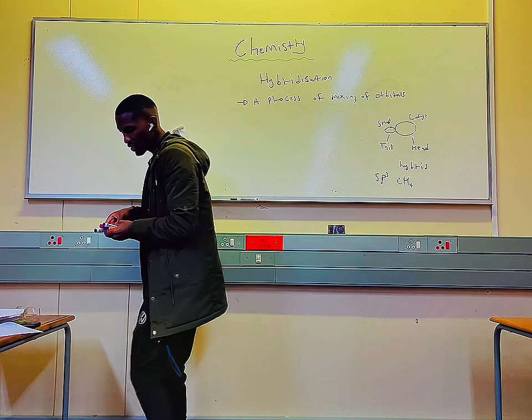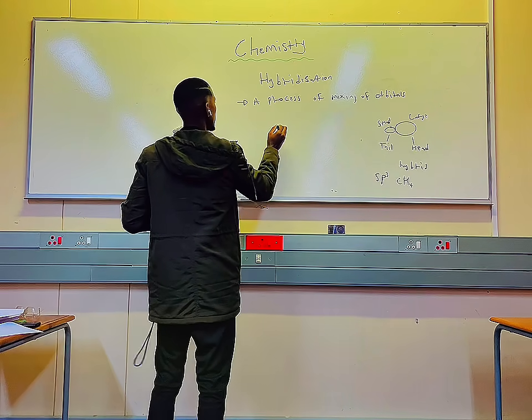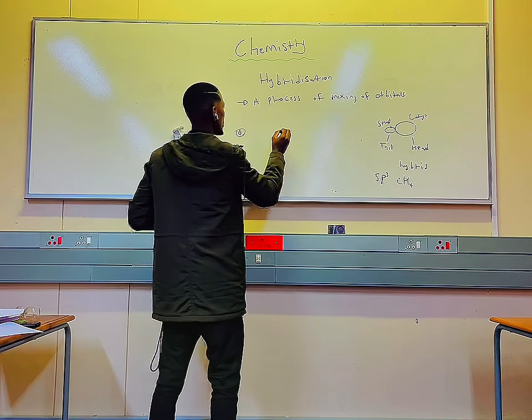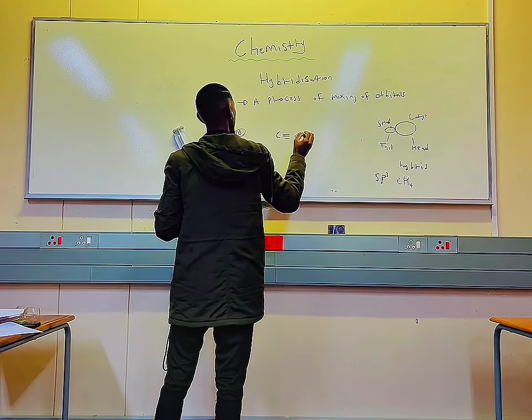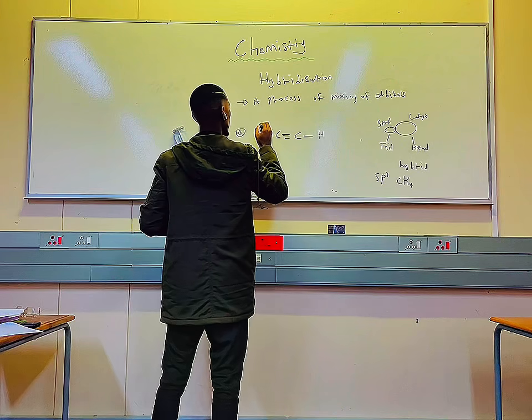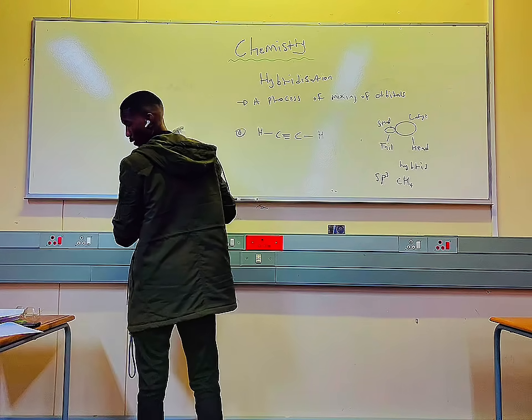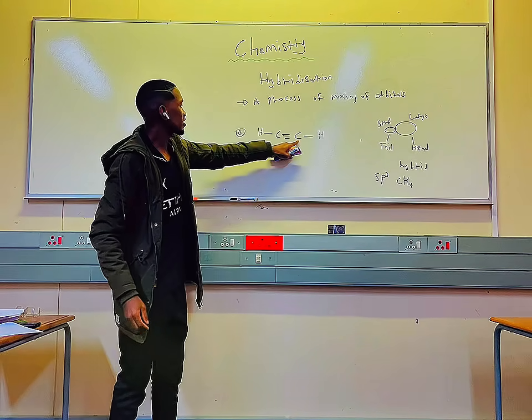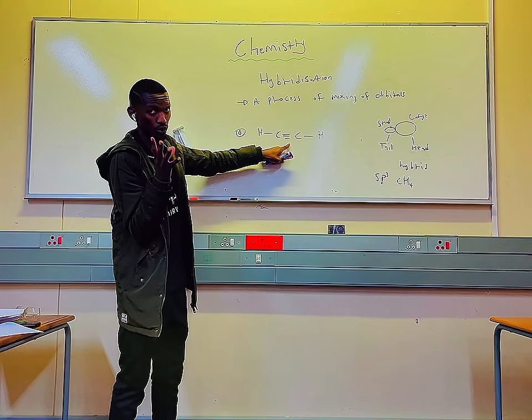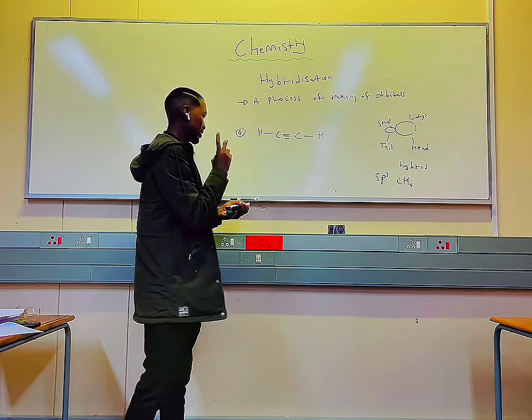Then let's go to the last one, which is the 4th one. It's going to be C, and then a triple bond, and then I see H here and H here, right? Okay. Now let's check something. We have 2 carbon atoms, which is a bit crazy, right? But yeah, it's cool.